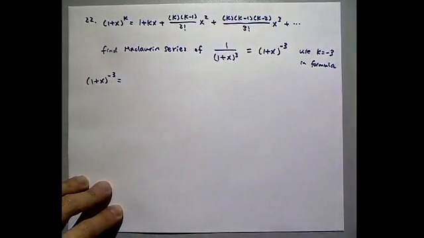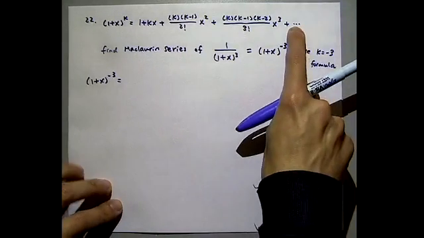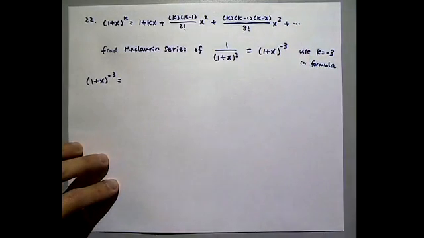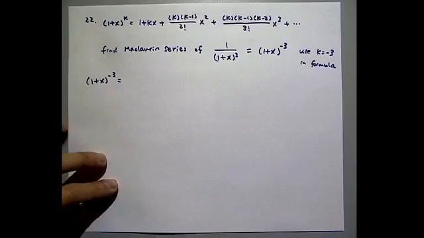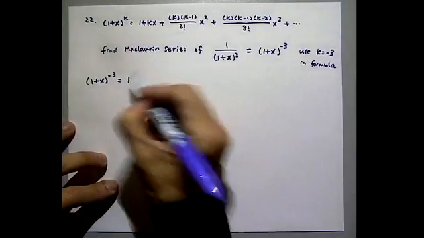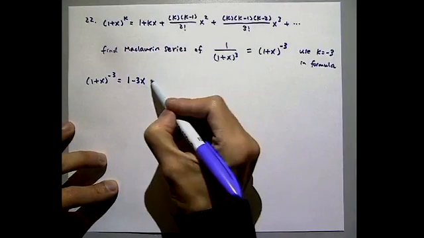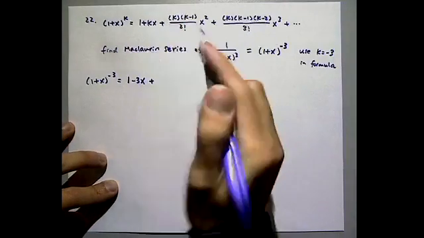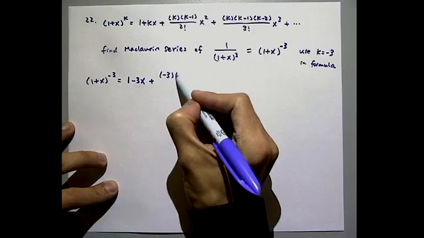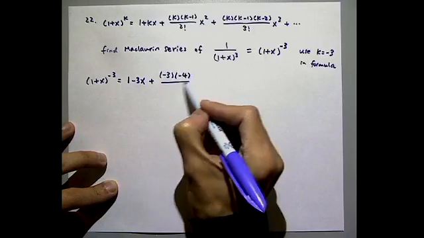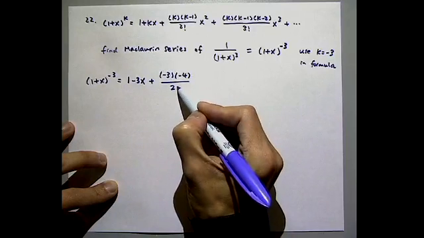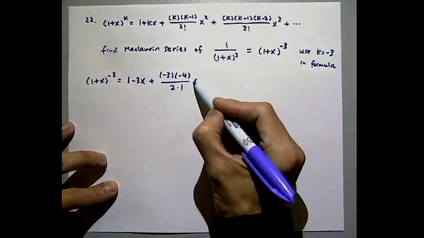Write a few terms of these out. Let's write up to x to the 4th. We should be able to see the pattern we're supposed to see. 1 minus 3x plus (minus 3)(minus 4) over 2 factorial. I'm going to write out the factorial.